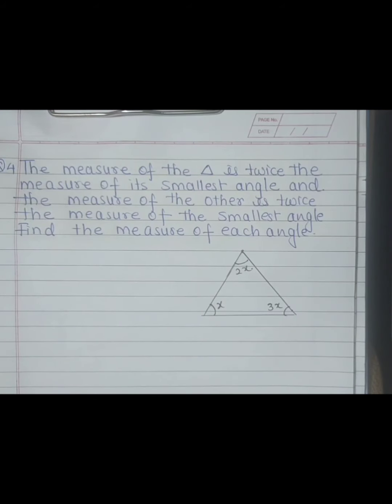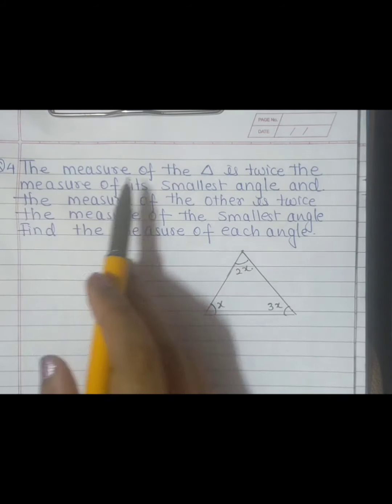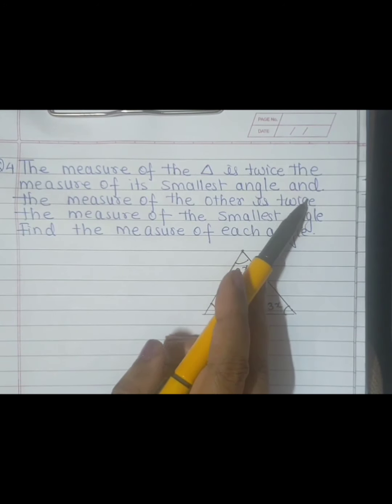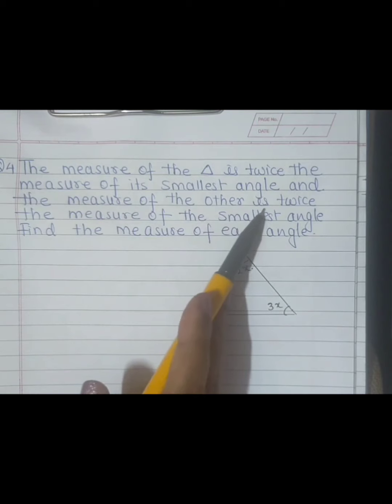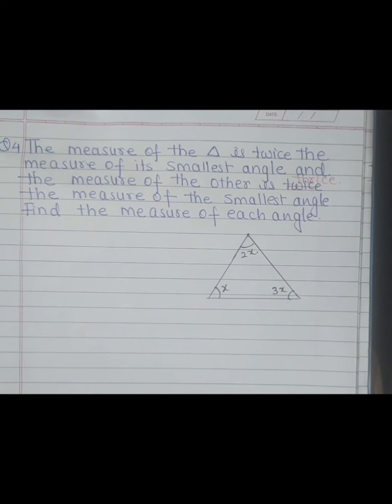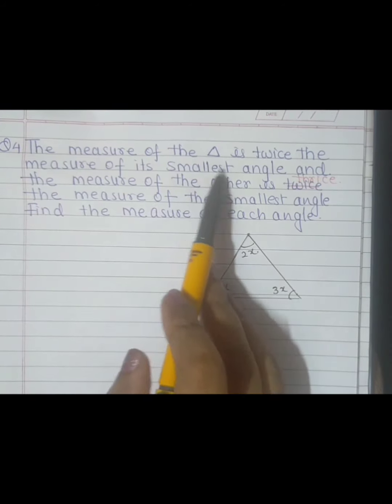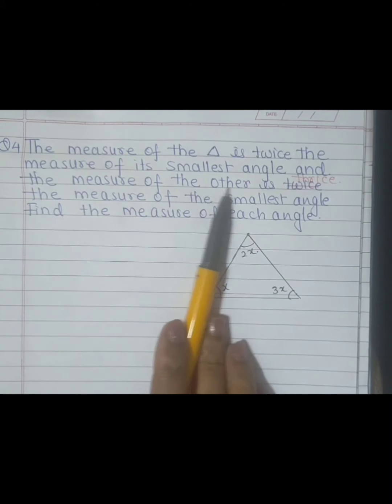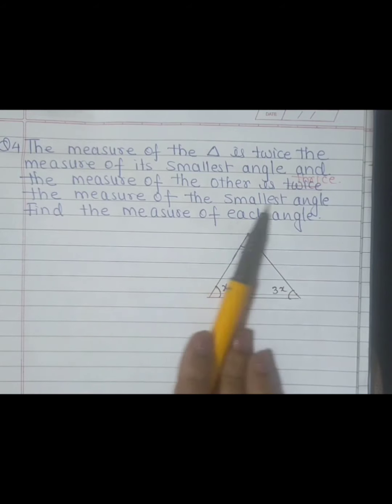Now question number 4 is given: the measure of an angle of a triangle is twice the measure of its smallest angle and the measure of the other is thrice the measure of the smallest angle.